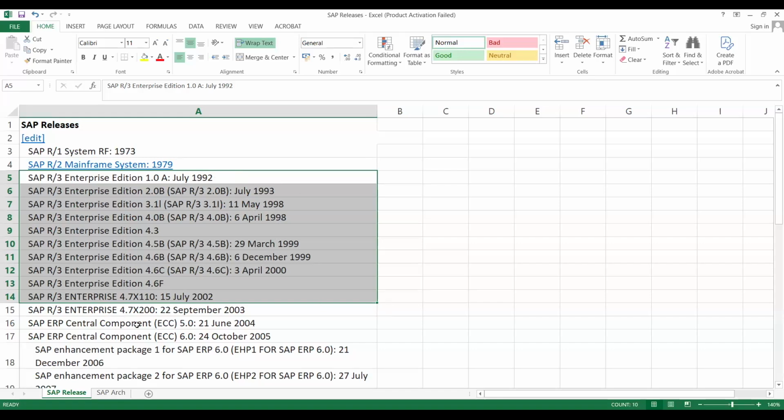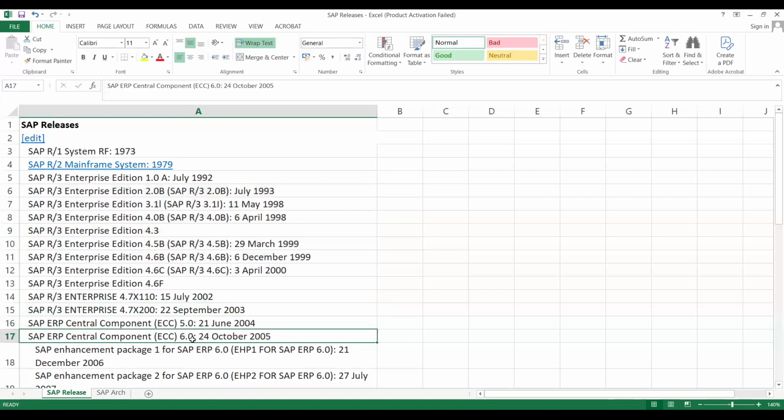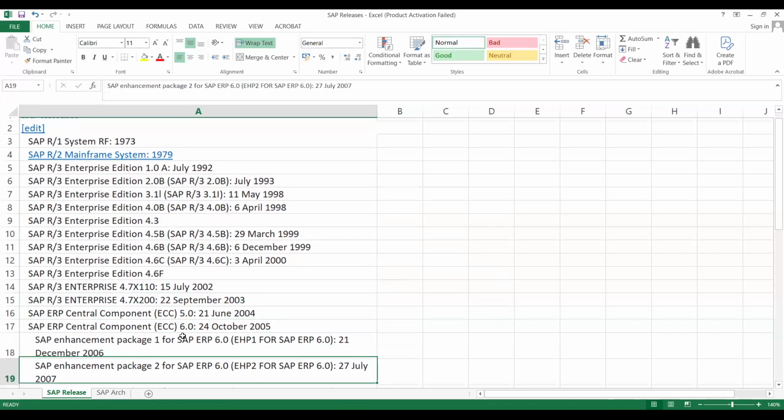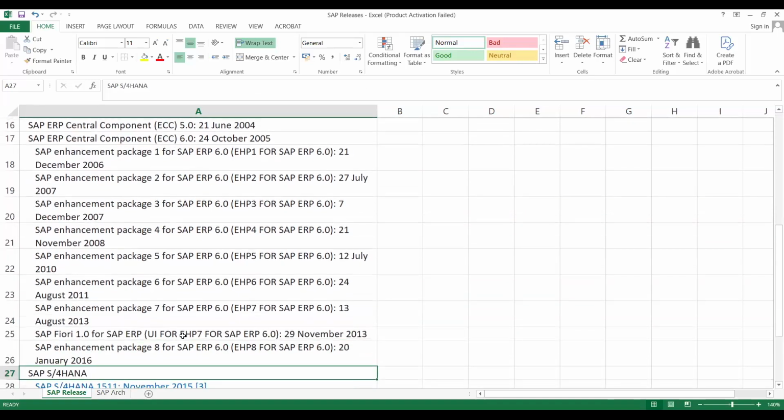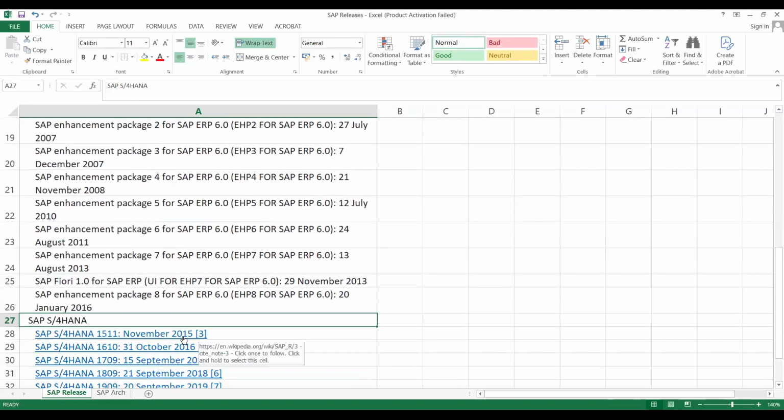It was around 2004-5 when ECC came into the picture, Enterprise Central Component, which was a part of SAP's release of R3. And then in 2015, they came out with S4 HANA. So before HANA, from 1972 until then, the database was different and the front end was SAP.